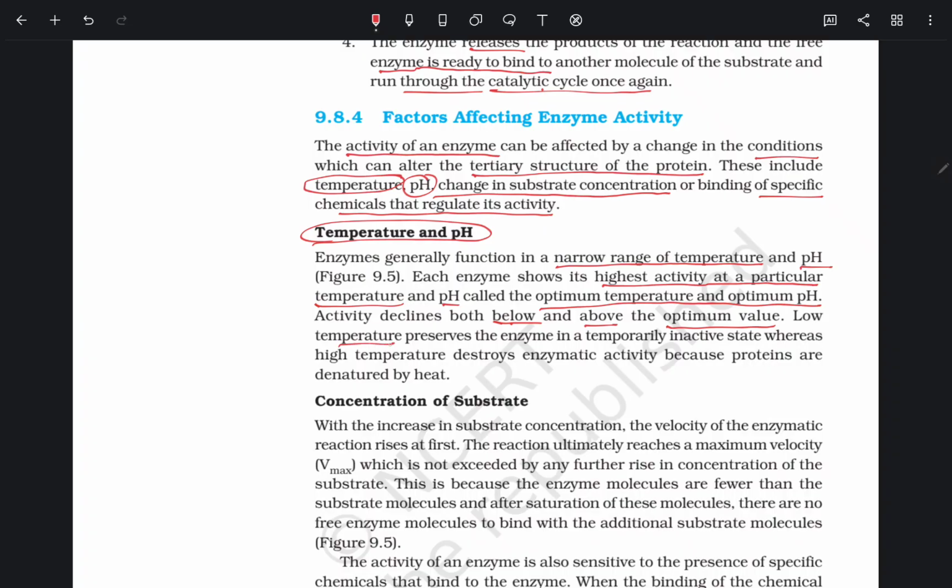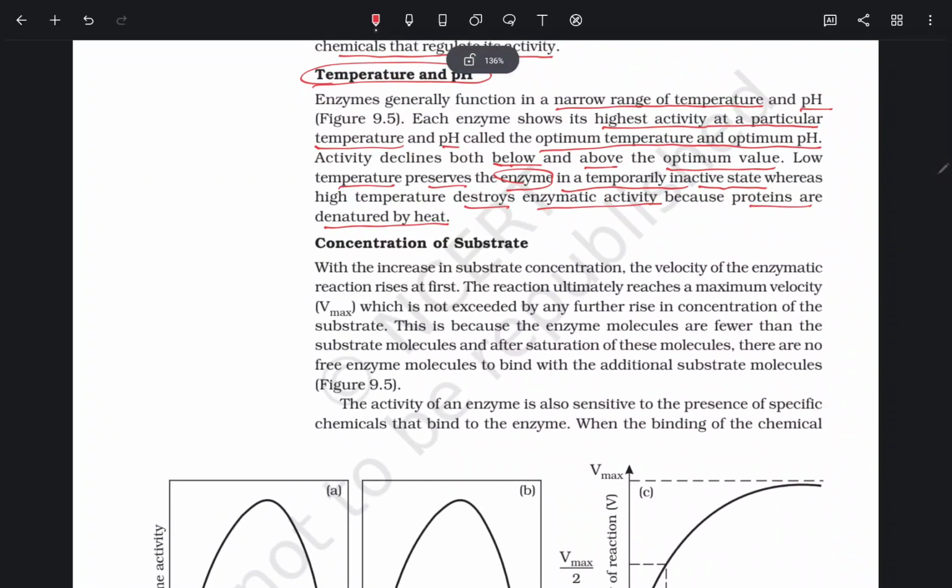Low temperature preserves the enzyme in a temporary inactive state, whereas high temperature destroys enzymatic activity because proteins are denatured by heat. Concentration of substrate. With the increase in substrate concentration, the velocity of the enzymatic reaction rises at first.